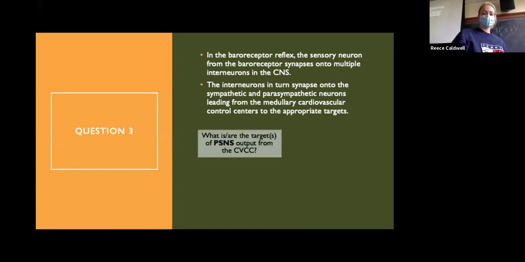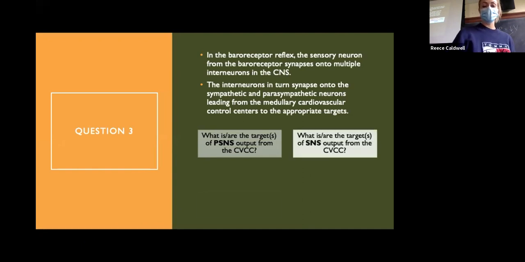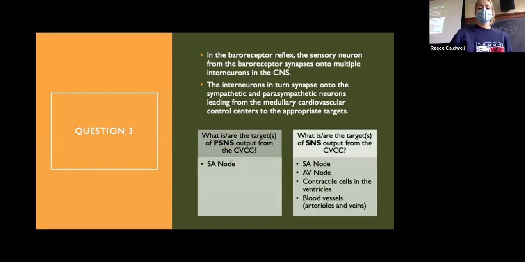The question here is just looking at those targets. We've discussed this twice now. This just puts it into a chart view on how many the SNS innervates compared to the PSNS. We've written this down a few times, but just in case you did not get it, this is what we are targeting with PSNS activation and SNS activation from the cardiovascular control center.